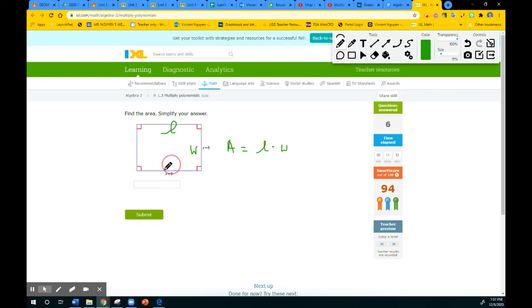And so we do length over here. And remember, the whole expression needs to have parentheses around it, x plus 9. And then w is another expression, and we have to put that into parentheses. So x plus 6. Okay. And then now that's A. And so we can start multiplying, right?